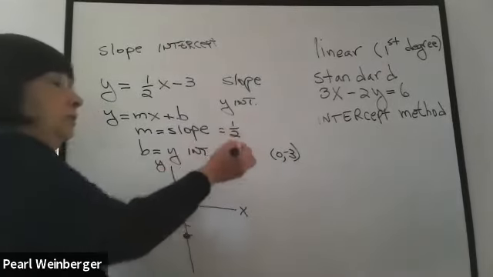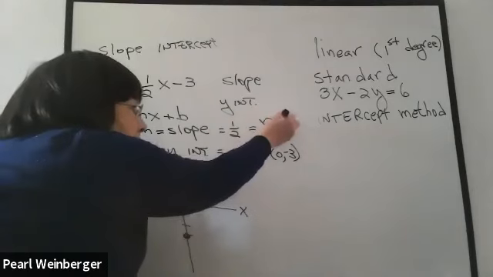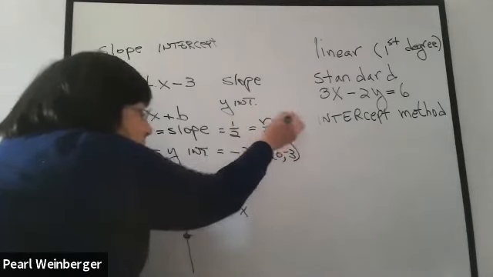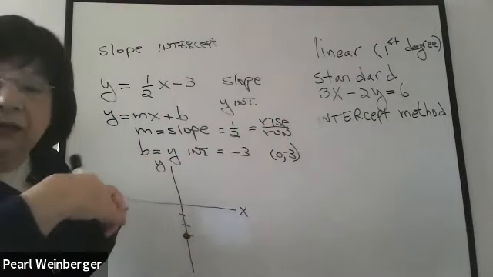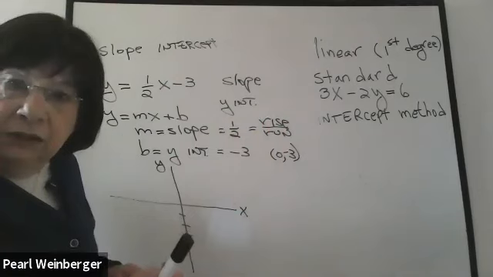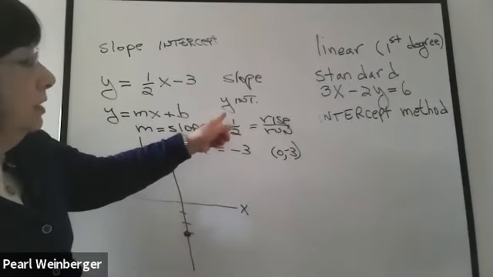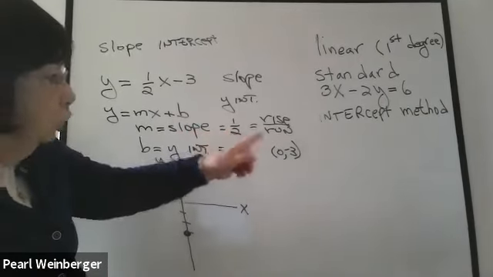The slope is something called rise over run. You know what a slope means? It tells us how much something is slanted. So if the slope is 1/2, that means that you're rising 1 and running 2.